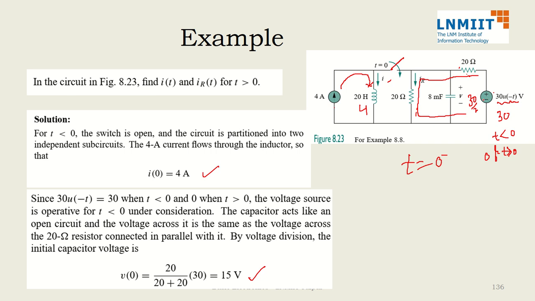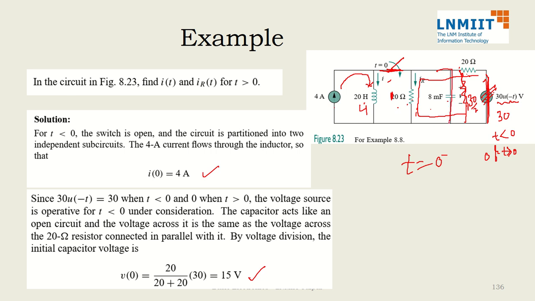Now after t equal to 0, this is removed. This is short circuit. This is also short circuit. And then I see that this circuit is not completely parallel, or is it parallel? Yes. Look here. This 20 will come here. 20 is parallel to 8 millifarad, parallel to 20, parallel to 20 Henry. 20 ohm plus 20 ohm in parallel will make one single resistance of 10 ohm.